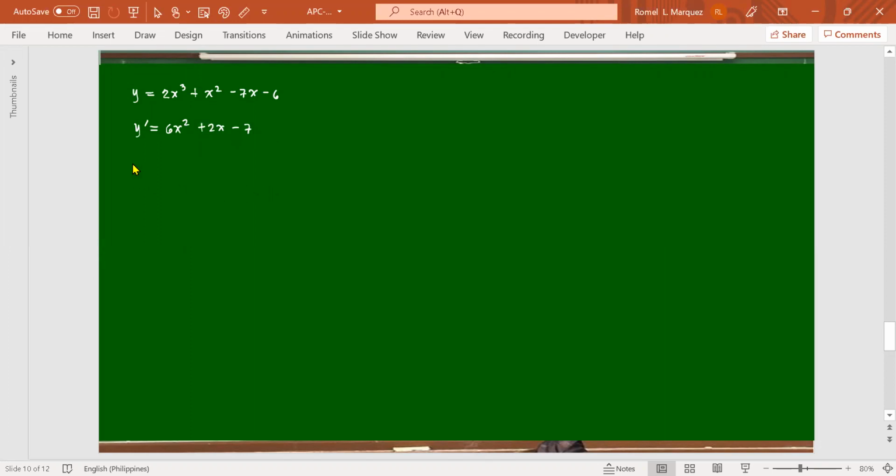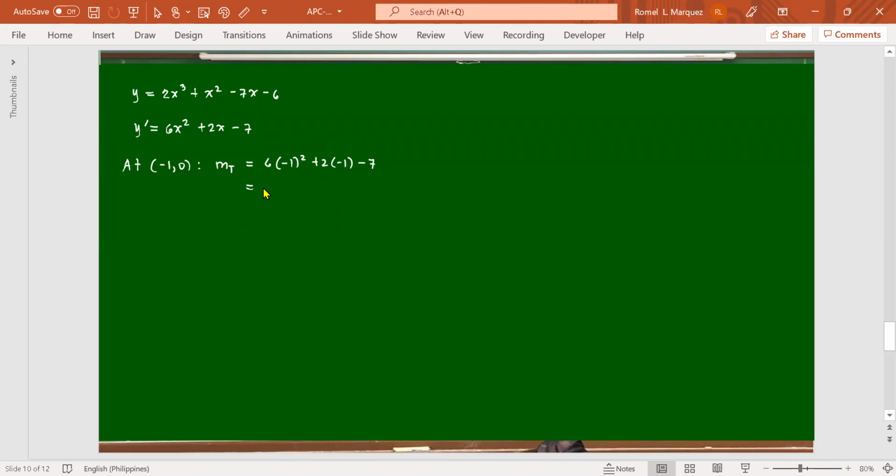So let's work on the first point, negative 1, 0. What is the slope of the tangent? 6 times negative 1 quantity squared, plus 2 times negative 1, plus negative 7. So this is equal to 6 minus 2 minus 7.